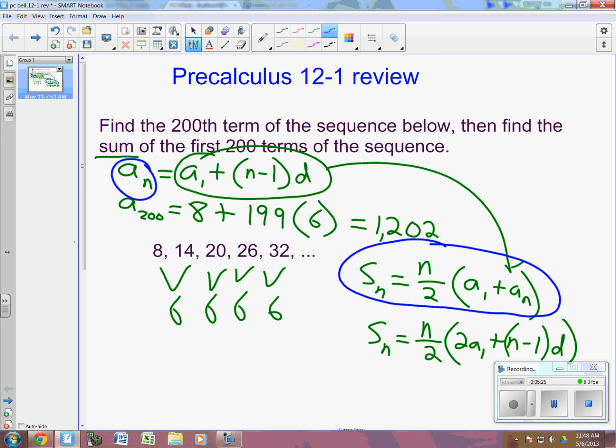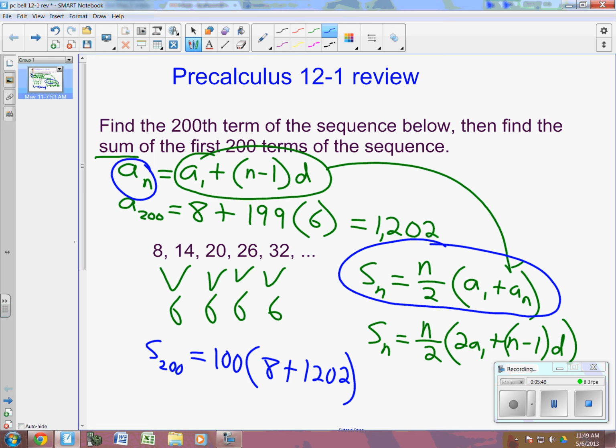So we're going to finish this problem off. S sub 200 is equal to n divided by 2. Well, 200 divided by 2 is 100, times the first term, which is 8, plus the last term, which is 1,202.